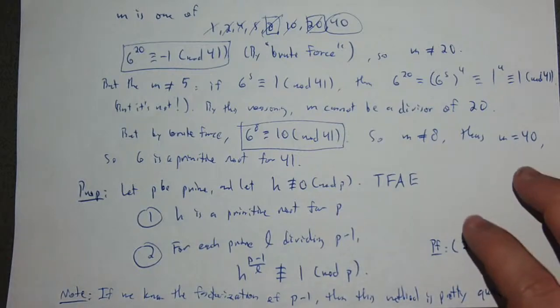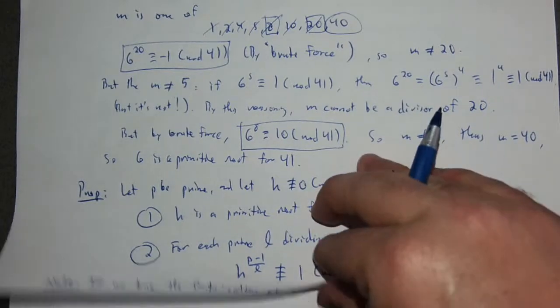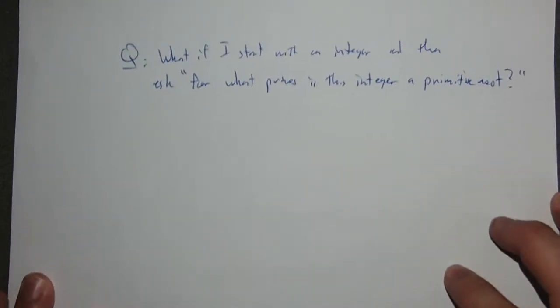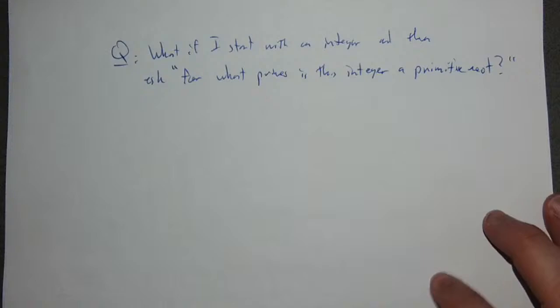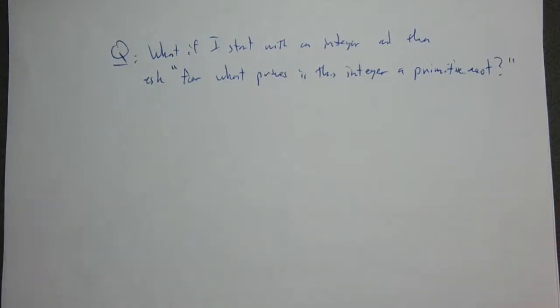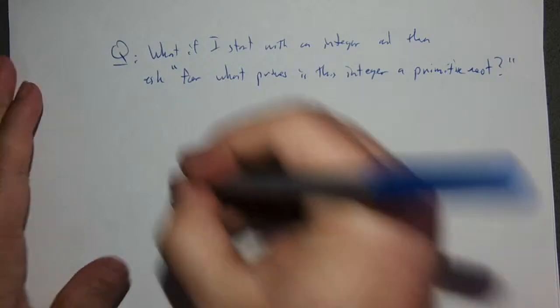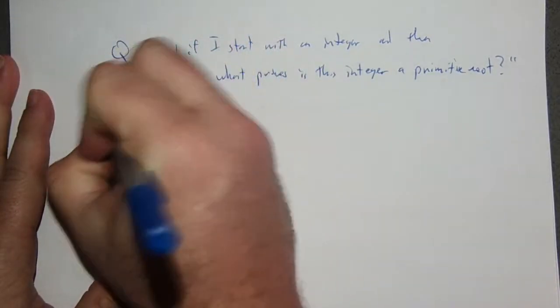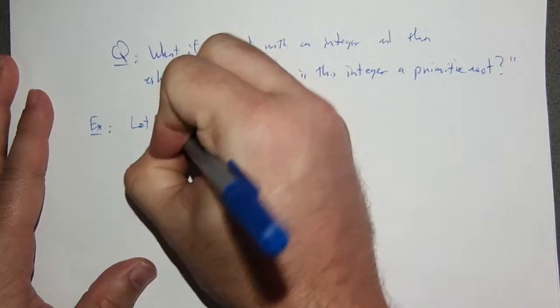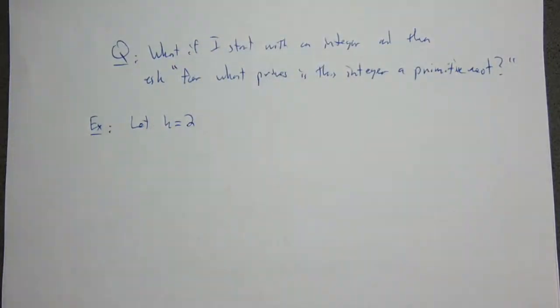Okay, and so the thing that I was talking about at the very end of yesterday's lecture before I got cut off is the following. So this is the question. What if I start with an integer and then ask for what primes is this integer a primitive root? I.e., here's an example. Let h equal 2.